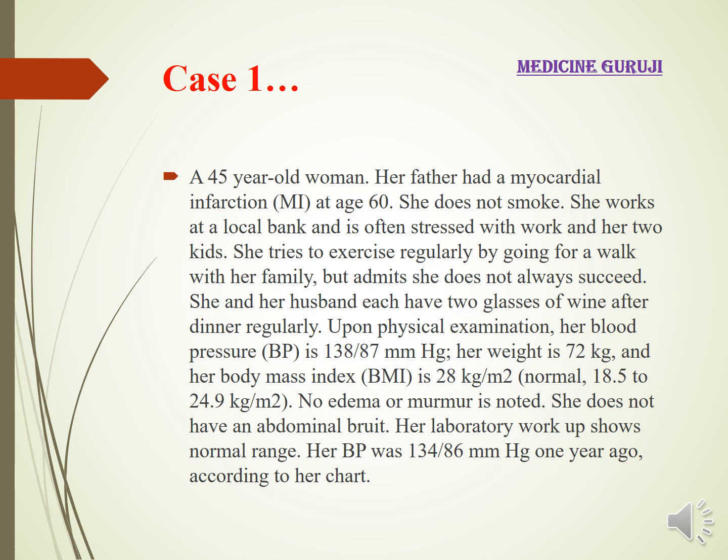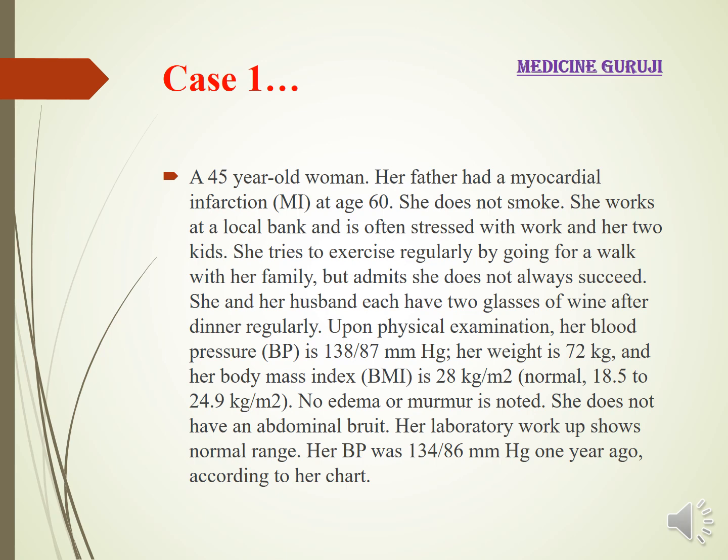She works at a local bank and is often stressed with work and has 2 kids. She tries to exercise regularly by going for a walk with her family, but admits she does not always succeed. Irregular exercise. She and her husband each have 2 glasses of wine after dinner regularly.